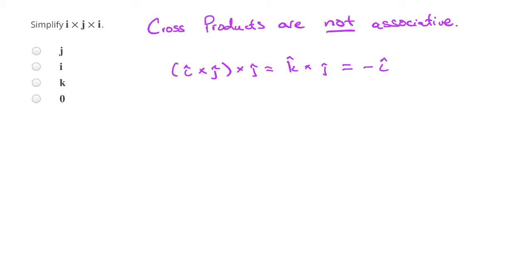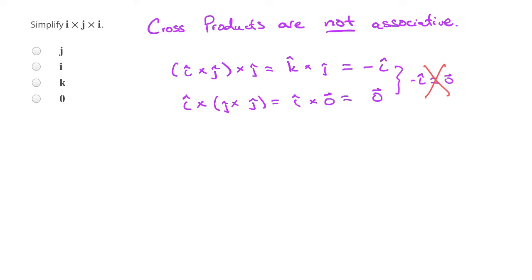However, if we do associate the other two vectors first, so if we would do something like i cross j cross k, in this case j cross j is going to give us the 0 vector, because any vector crossed with itself gives us 0, and so i cross 0 is going to give us 0. And sure enough, we can see that we do not have that minus i is equal to 0. That's going to give us a big no.